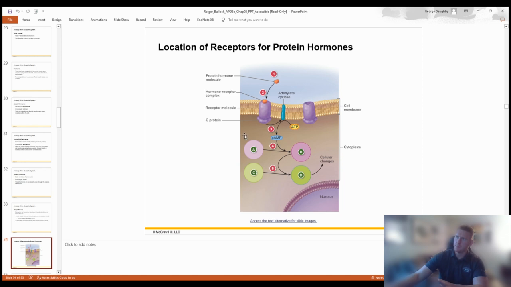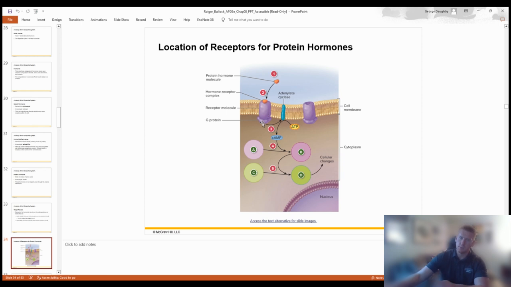Very important concept. The protein hormone, or the amino acid derived hormone, is in the extracellular environment. The second step is it binds to that hormone receptor complex. At the bottom of that hormone receptor complex is the G protein.